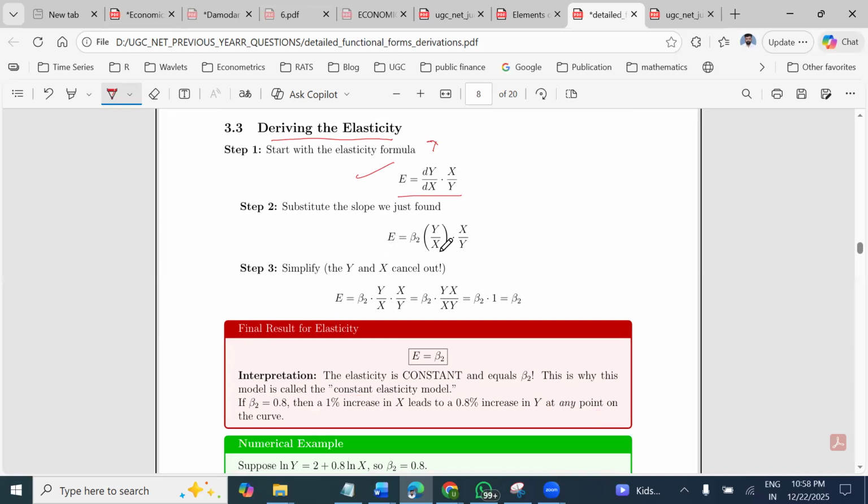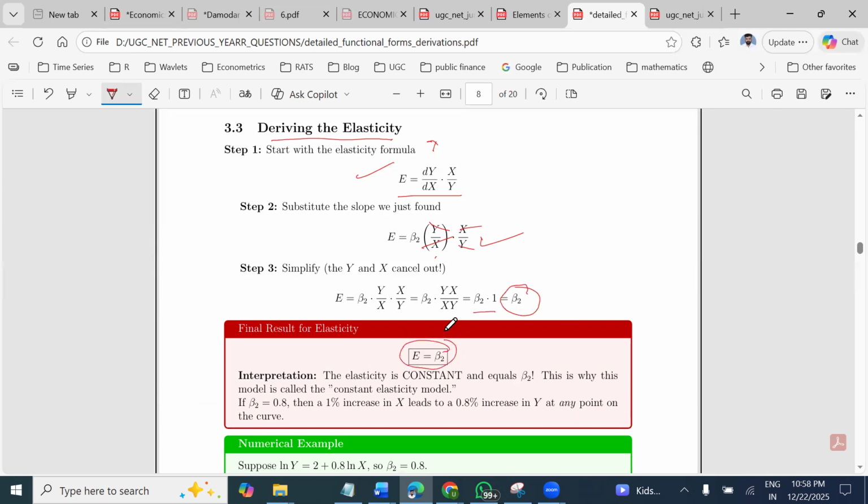Just write it over here. So y and x, x and y, this gets cancelled out. Now what is remaining? Beta 2 into 1, that is beta 2. Is it clear?